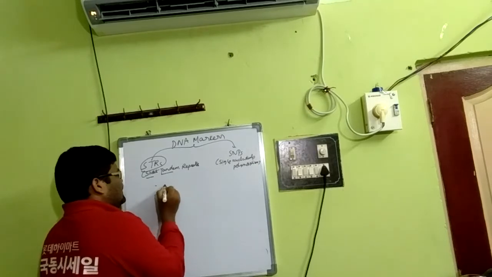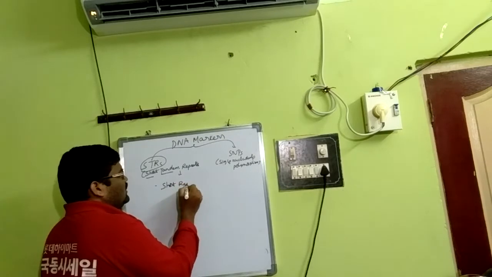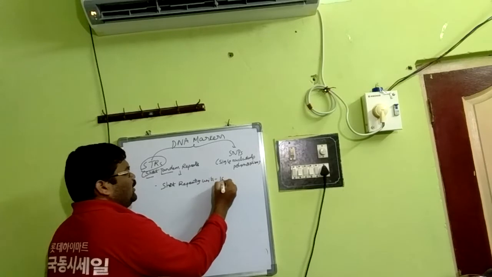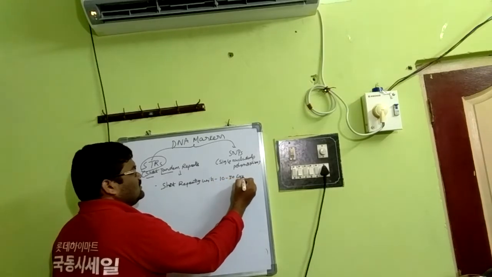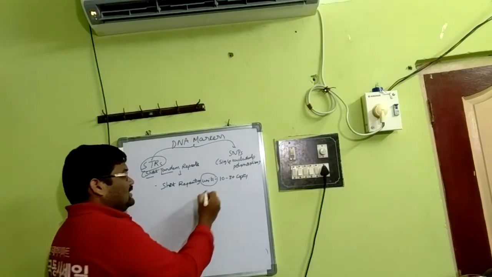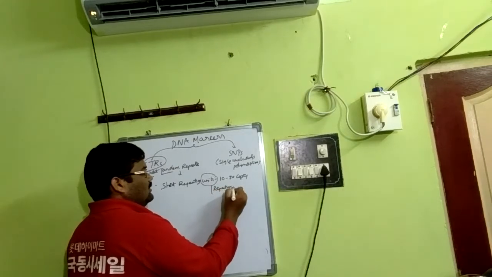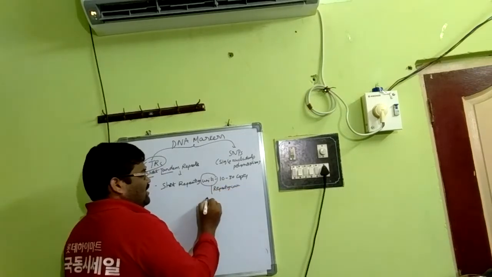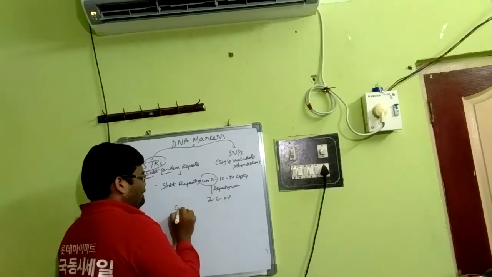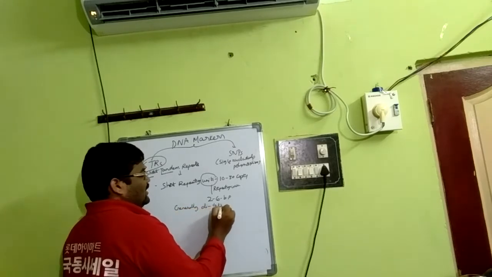That means short repeating units, 10 to 30 copies, wherein the repeating unit is very important here. The quantum of the repeating unit is between 2 to 6 base pairs, generally di to tetranucleotides.